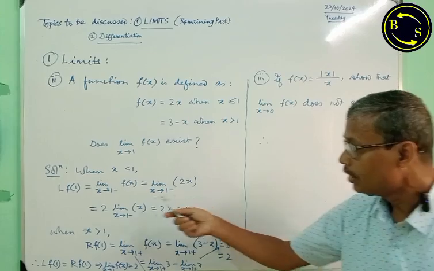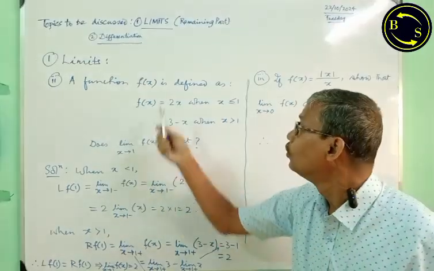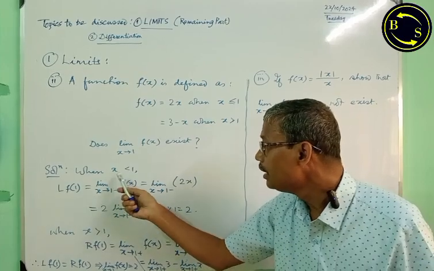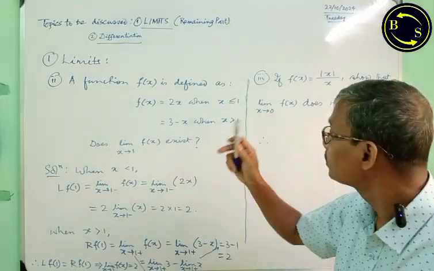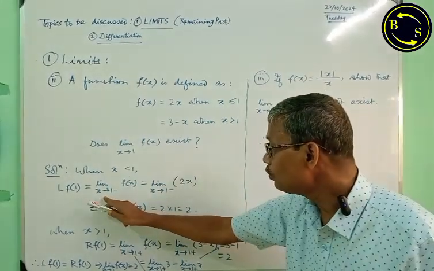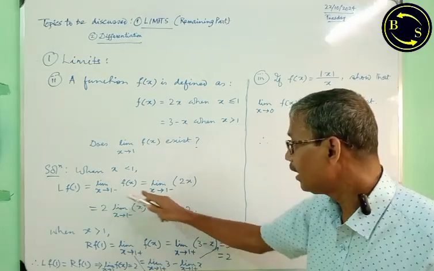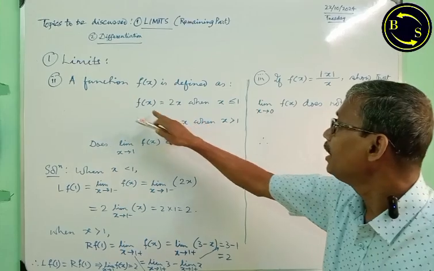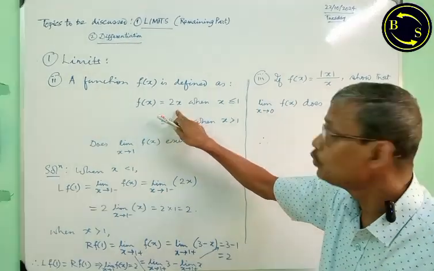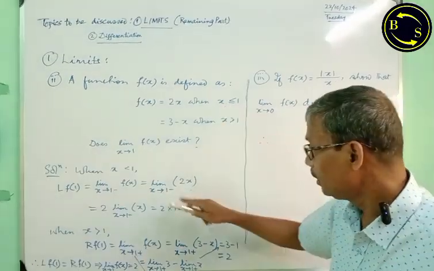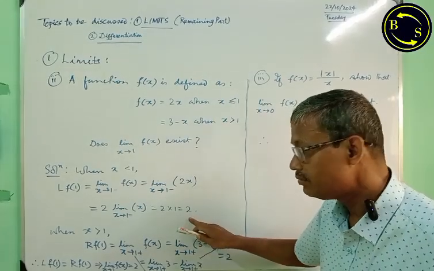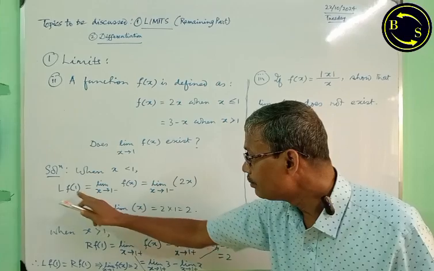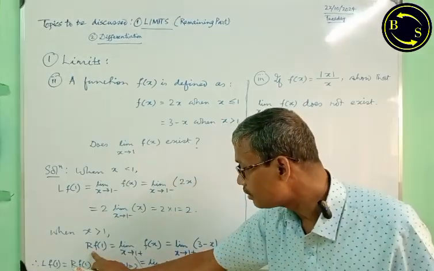Let me repeat, x tends to 1 minus, that means x is just less than 1, limit x tends to 1 minus f x. I have put the value, this one, as f x takes this value 2x when x is less than or equal to 1. After calculation we have got value 2, and for x greater than 1, this is left hand limit and this is right hand limit.